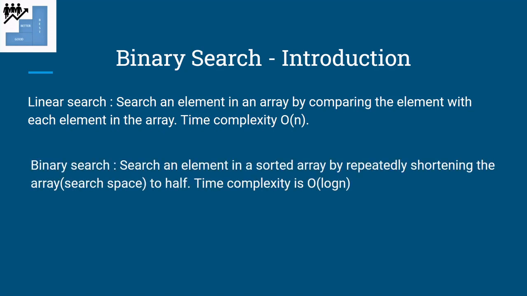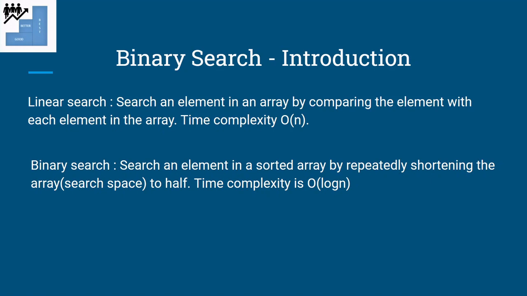In binary search, we need a sorted array, and with every search we reduce the search space by half. So if the array was 8 elements long, then by one comparison we'll reduce the search space to 4.